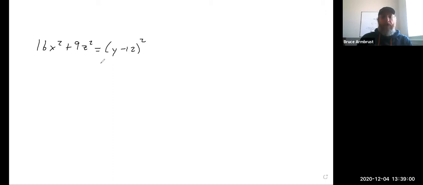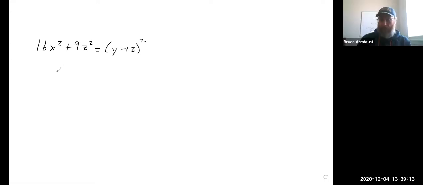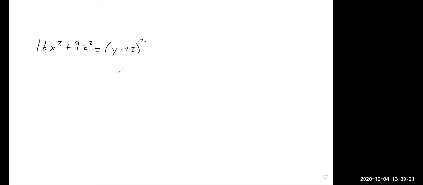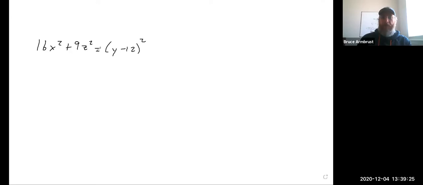All right, well, let's first start by looking at this. What kind of shape is this? Can you figure out what that is? Isn't it a paraboloid? It is not a paraboloid. It would be a paraboloid if there was no square here. Ellipsoid? It would be an ellipsoid if that was a plus and equals something else.